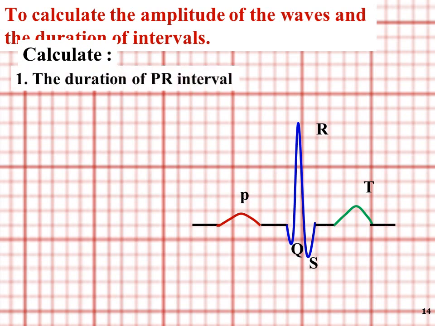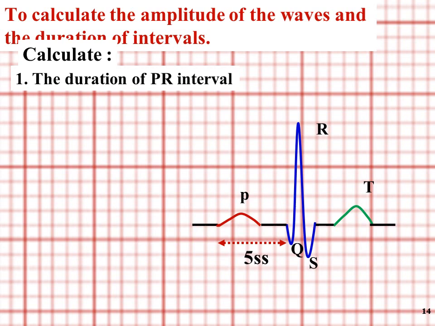Calculate the duration of PR interval. The PR interval here is equal to 5 small squares. Where is the PR interval? From the beginning of P wave to the beginning of the Q wave or R wave.